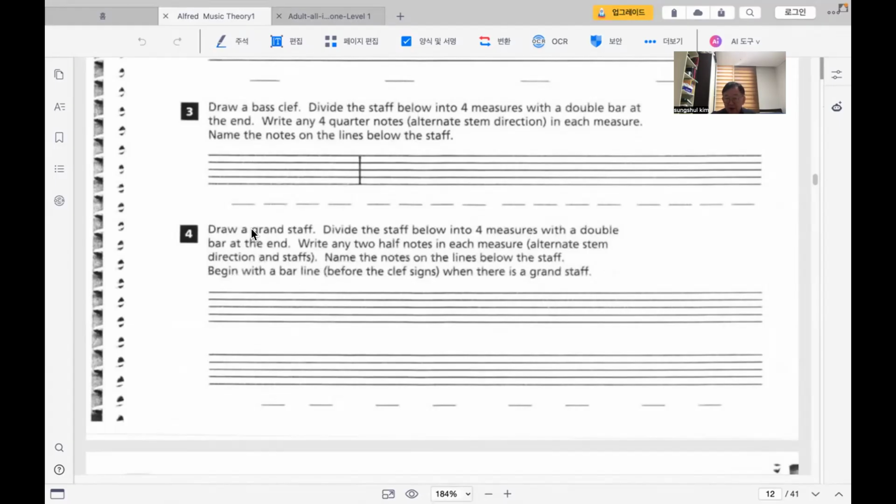You remember how to draw a grand staff: first a vertical line in here, a brace line here. Then the treble clef and the bass clef. Divide into four measures: 1, 2, 3, 4.